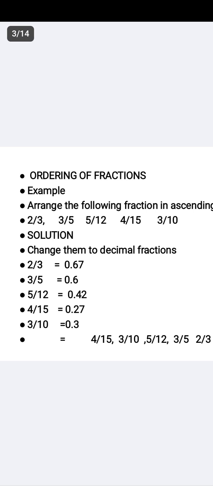Another method is by finding the common denominator of all the fractions and working with it. When you work with it, you divide and multiply, then the bigger number will be the biggest fraction, and the smaller number will be the smaller fraction.